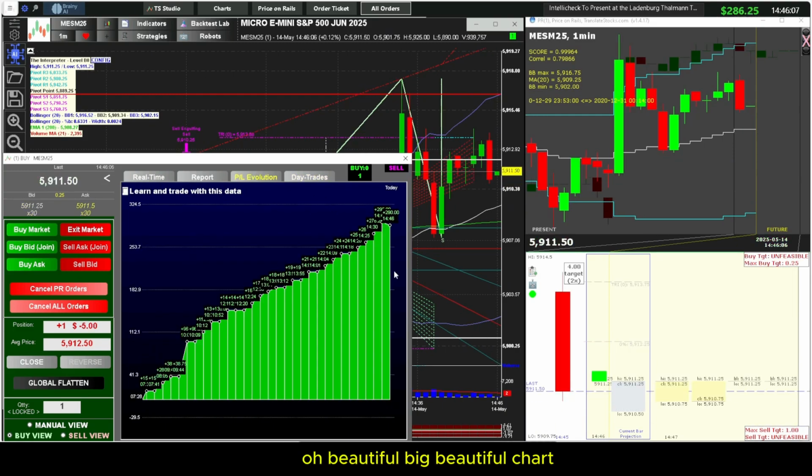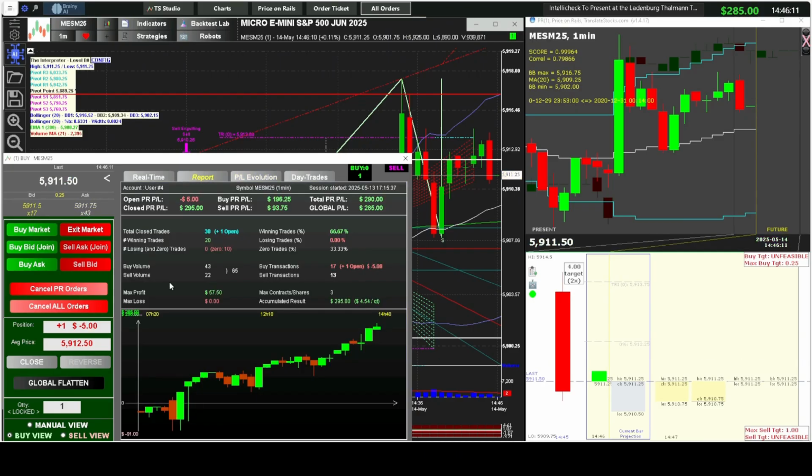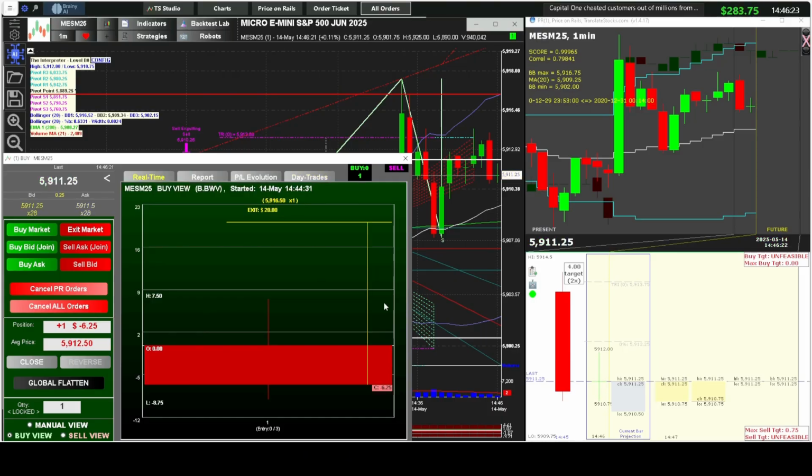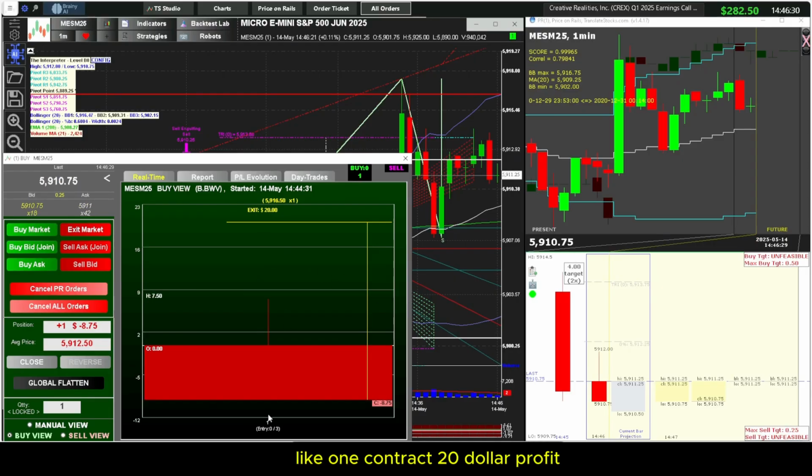Oh, beautiful. Big, beautiful chart. A big, beautiful P&L. Almost 300. Okay, let's not lose focus. That's what we see here, one contract, $20 profit.